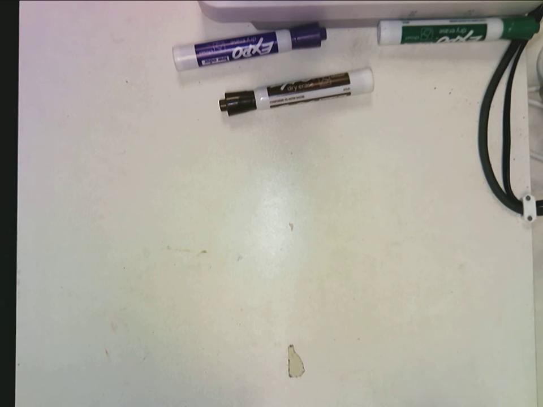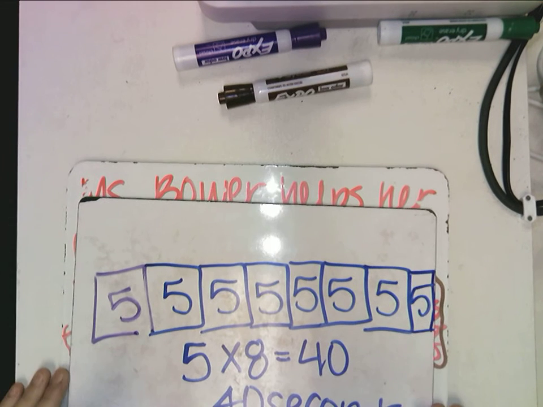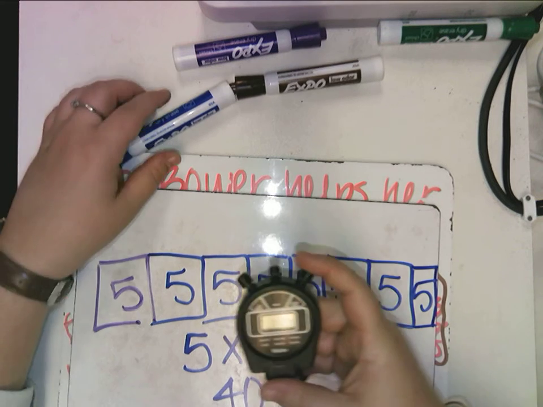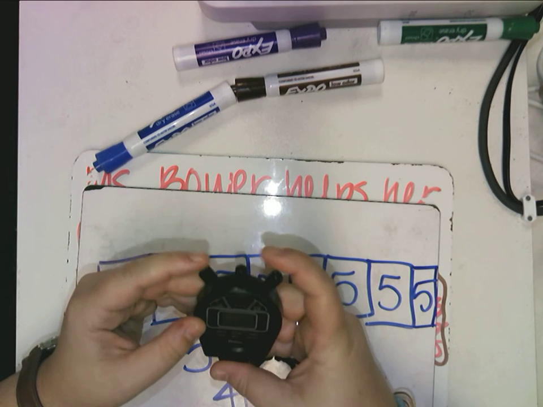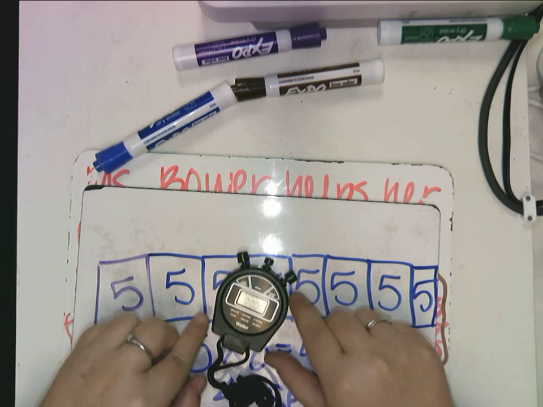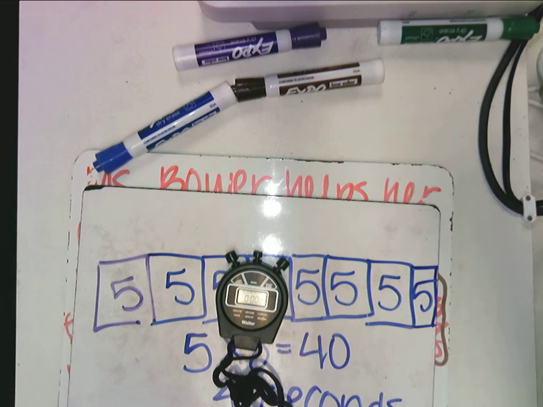Now I'm going to talk more about this problem. It takes Miss Bauer 5 seconds to tie one shoe. Does it take her very long to tie a shoe? No. Using my stopwatch, let's see how long a second is.